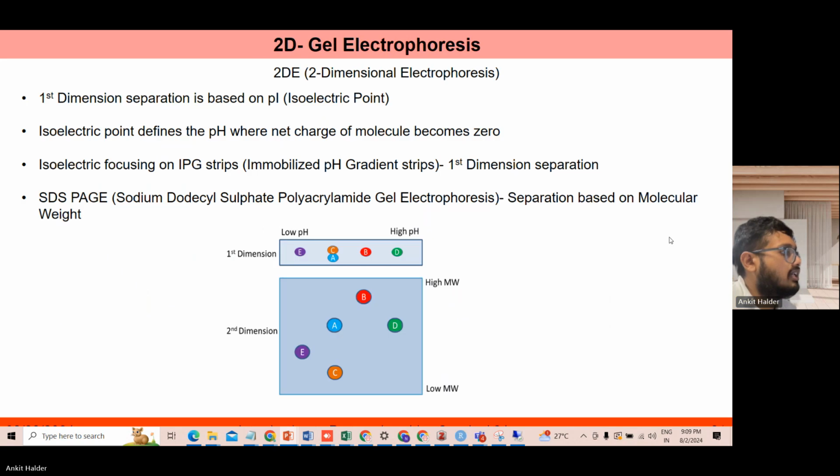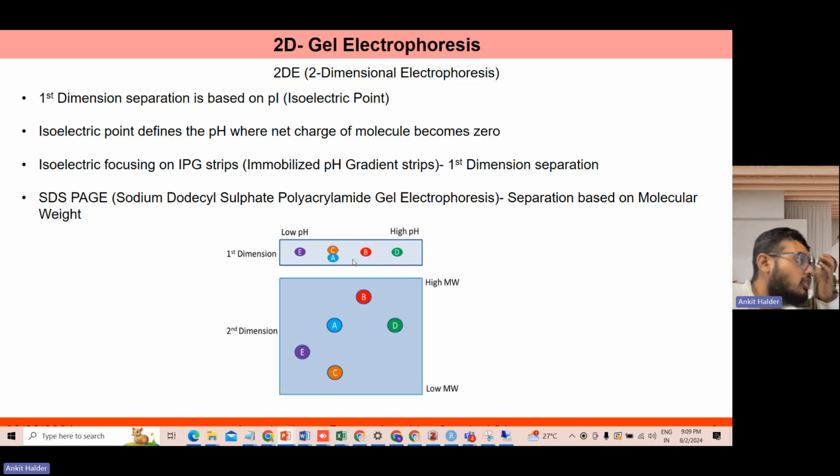Okay. And this is the 2D, just the basics: the first dimension is separated on the basis of the pI, the isoelectric point, because at the pI the zwitterionic state will be there and proteins will not move further on the basis of pH. Then there will be a separation on the basis of the molecular weight.